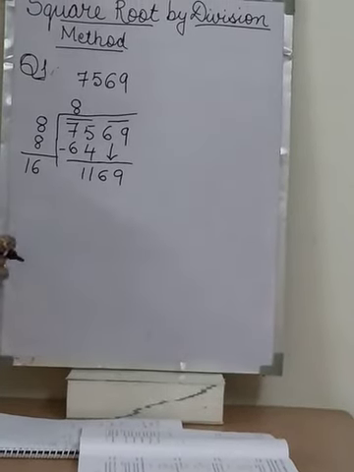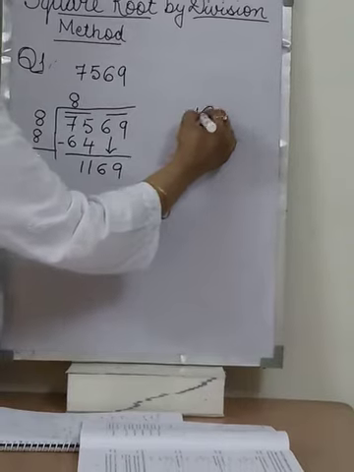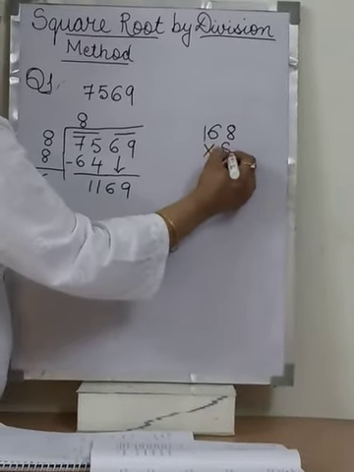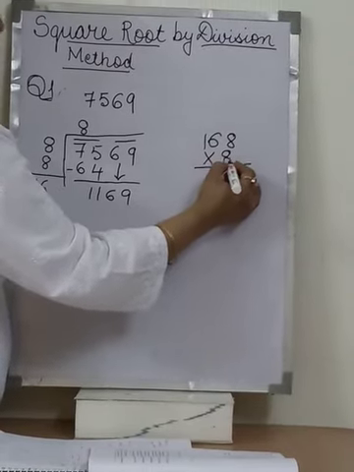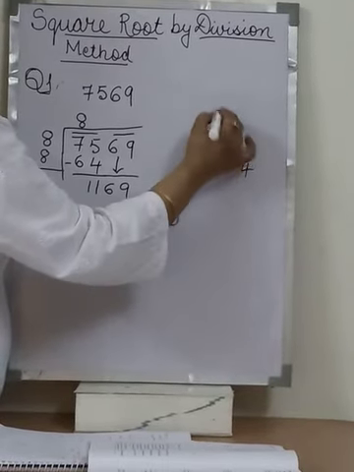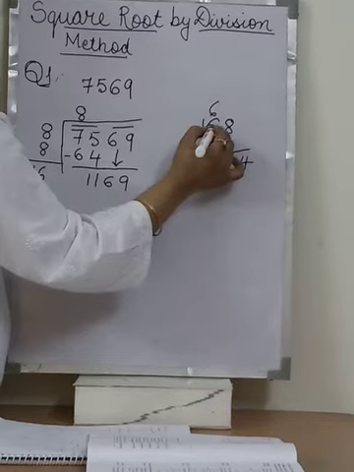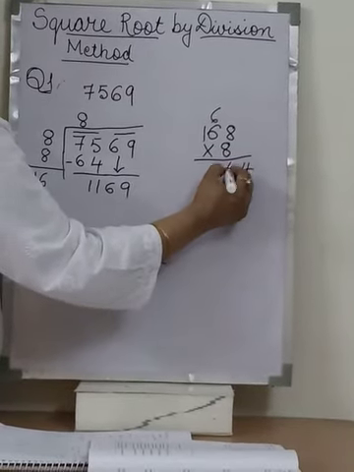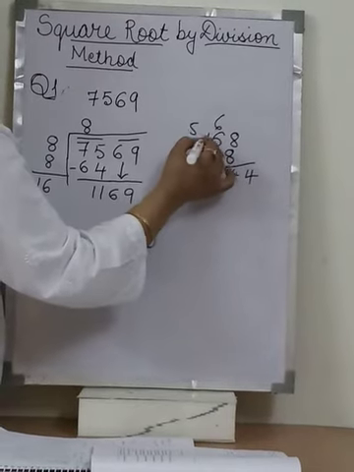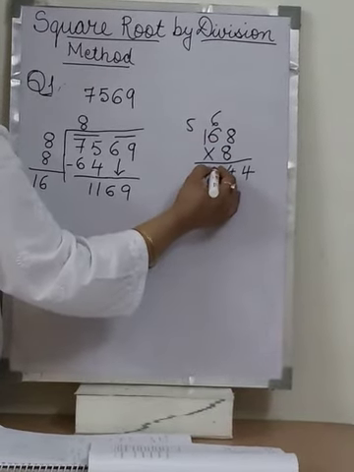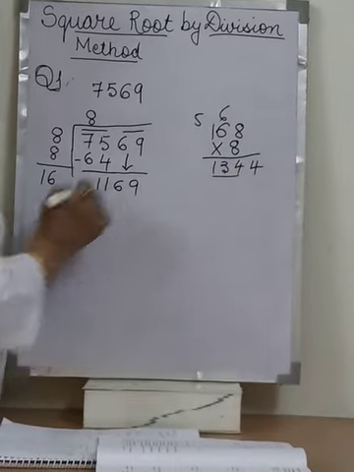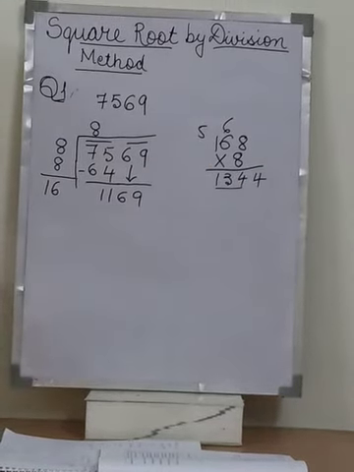Let's check with 8. I place 8 in front of 16. So we have to multiply this with 8 only. 8 8s are 64. 6 8s are 48. 48, 49, 50, 54. 8 ones are 8 and 5 gives 13. So this is getting greater.